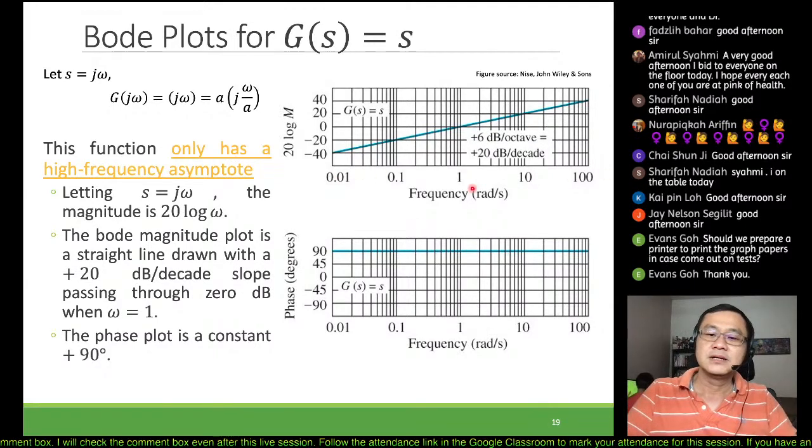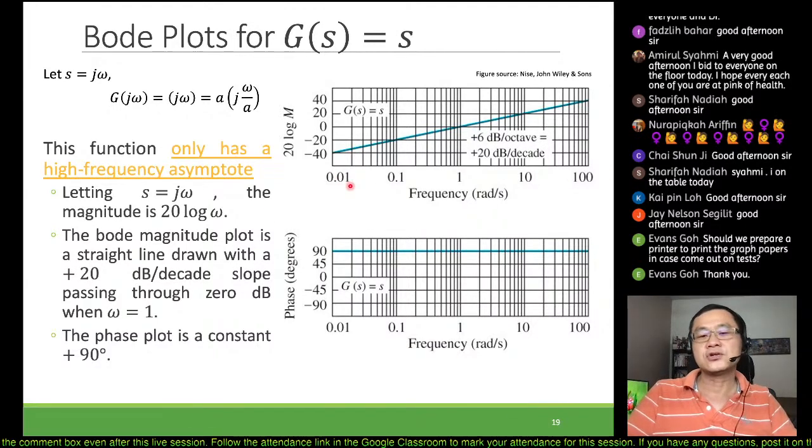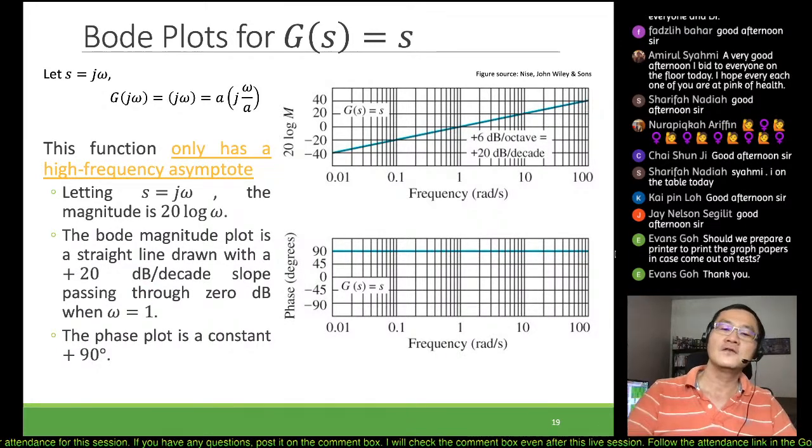All right, and because of that also, it only has a constant 90 degree phase plot, right? 90 degree phase plot for the whole range of frequency.